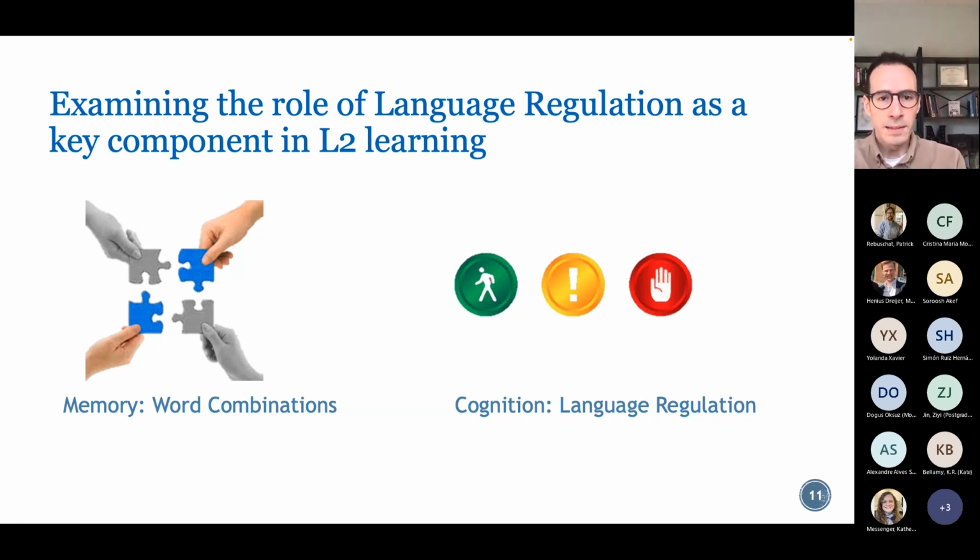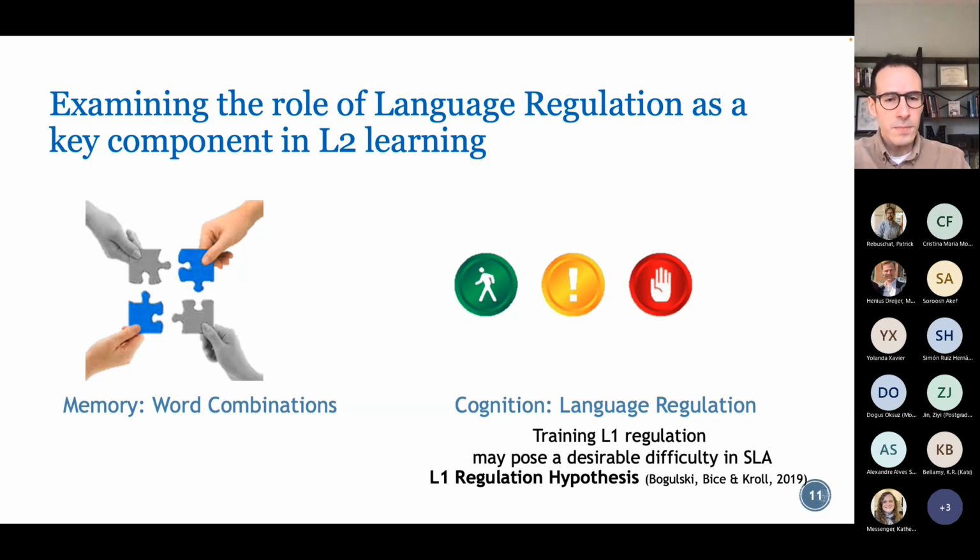The issue being that learners need to be able to activate or regulate the competition from the more dominant language as they're trying to produce speech that has been recently acquired or is less automatized in the second language.